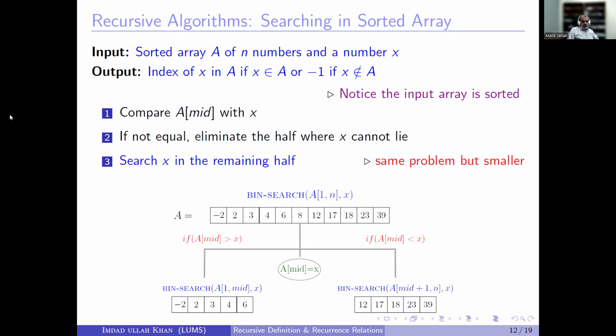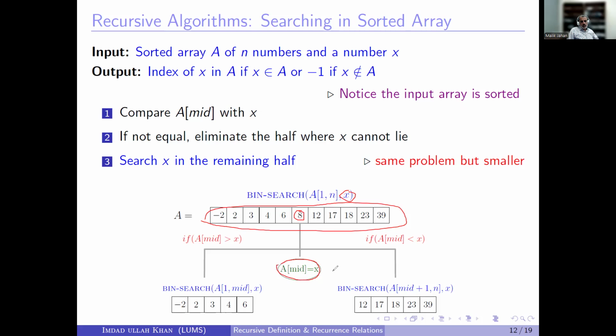This algorithm is called binary search. The way it works, let's have a look at this example: we have been given an array of sorted integers, and our task is to look for x. As part of our first step, we find the midpoint of the array. In this example, 8 is the midpoint. We compare this element against the key, which is notated as x. If x matches over here, we are done.